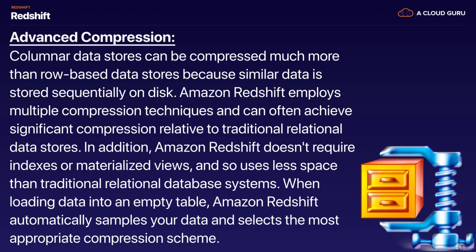So Amazon Redshift employs multiple compression techniques and can often achieve a significant compression relative to traditional relational database stores. In addition, Redshift doesn't require indexes or materialized views, so it uses less space than traditional relational database systems. And when you're loading data into an empty table, Amazon Redshift automatically samples your data and selects the most appropriate compression scheme.